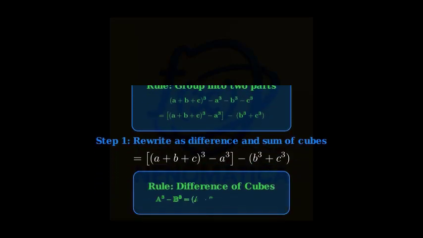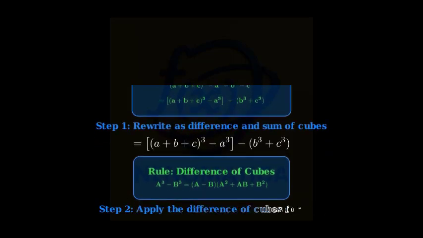We know that a cubed minus b cubed can be factored as (a minus b) times (a squared plus ab plus b squared). In our case, a is (a plus b plus c), and b is just a.